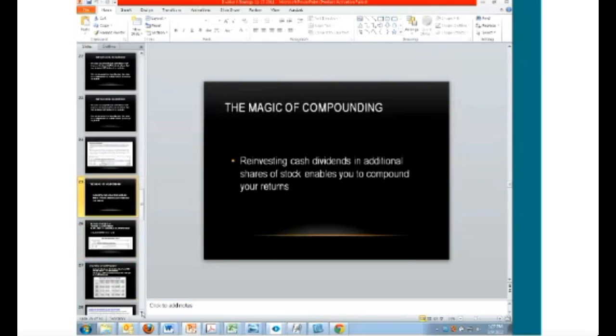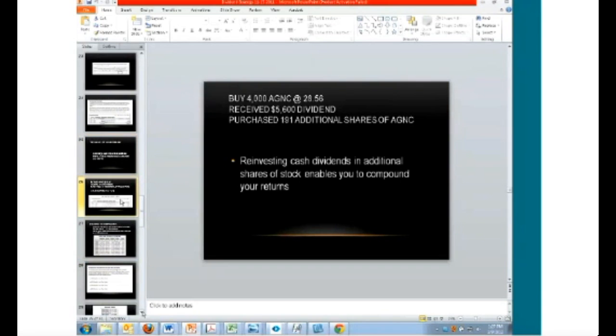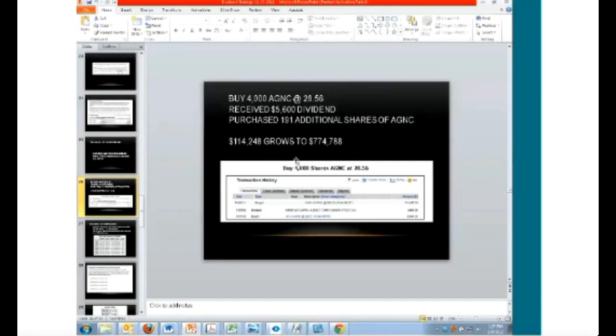And let's look at another example. This is for American Capital. This is a real estate investment trust that holds mortgage securities. And this brokerage confirmation shows that I bought 4,000 shares of American Capital at $28.56.